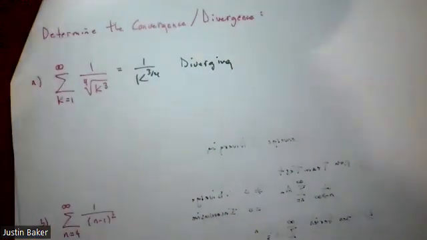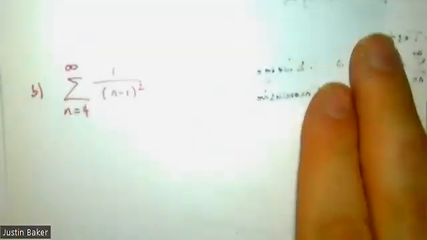Okay. Let's take a look at the second one. So that one right there, we're saying, does this converge or diverge? And maybe to get a sense for what's going on here, you might want to try plugging in some values to see what happens. You can kind of see how it lines up.